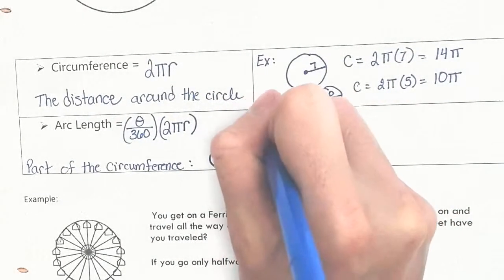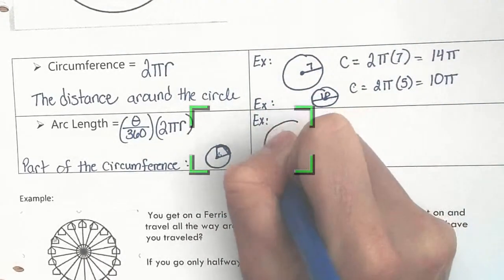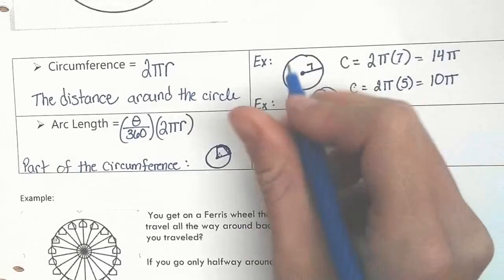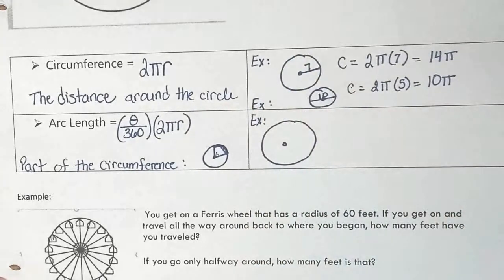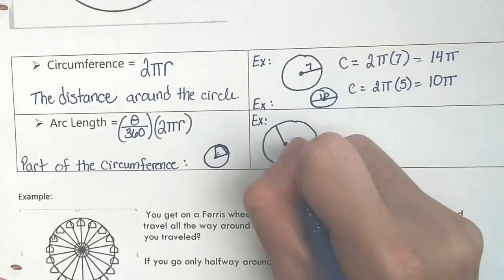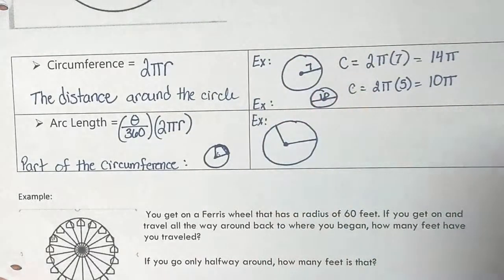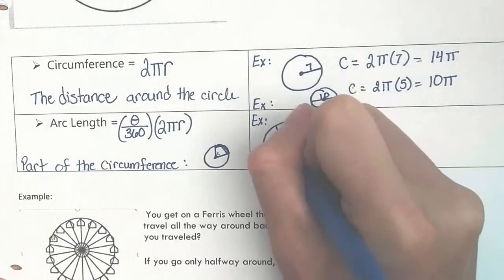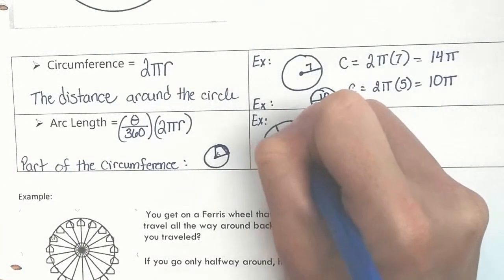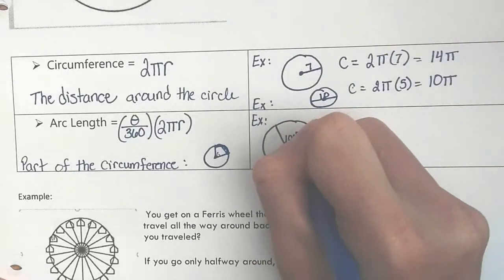So an example of this. Let's say we have a 100 degrees there, and the radius is 5.